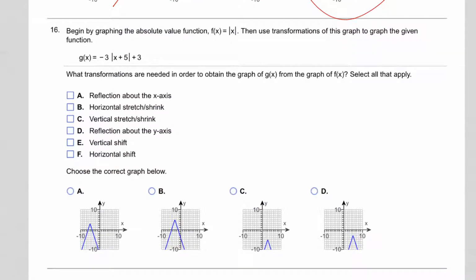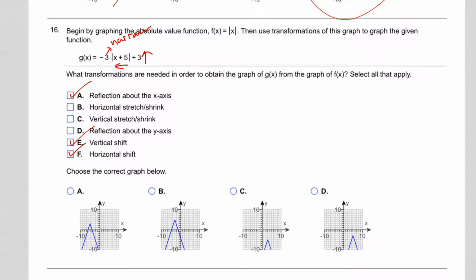Number 16. Okay, reflection about the x-axis, horizontal shift, and vertical shift. So we're going to go to the left 5 and up 3. And it should be upside down, which they all are, so that's not going to help us. The 3 out here means this is narrower, a vertical stretch, and they all seem to be narrower, so we just need to find the right vertex.